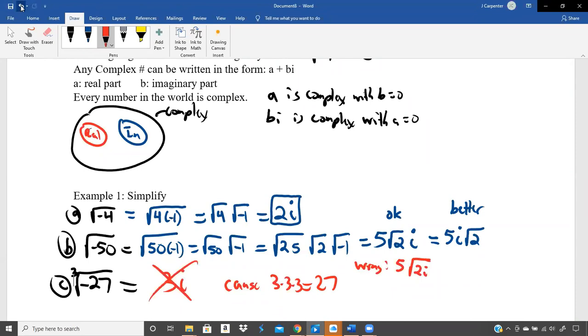And this is wrong. I may have already spoiled the answer. I may have not. I've got a lot of inflection in my voice, so you might already know what I'm trying to get at. But this was wrong because it's not a square root, it's a cube root. We never had a problem in the past.